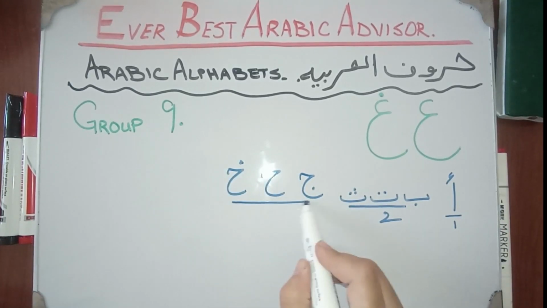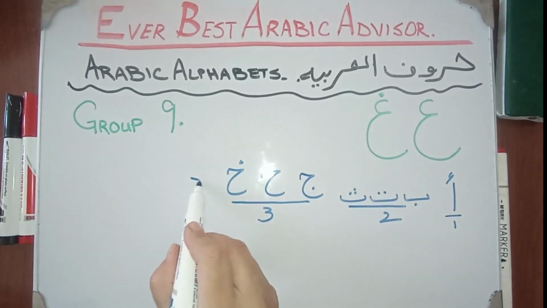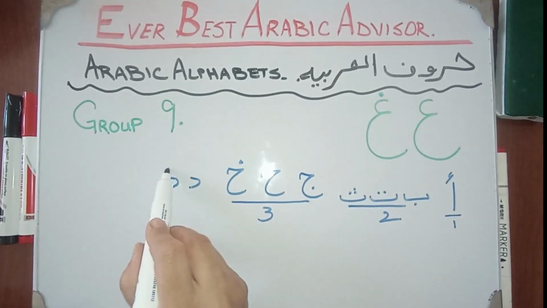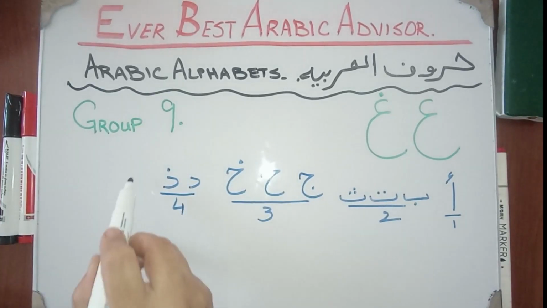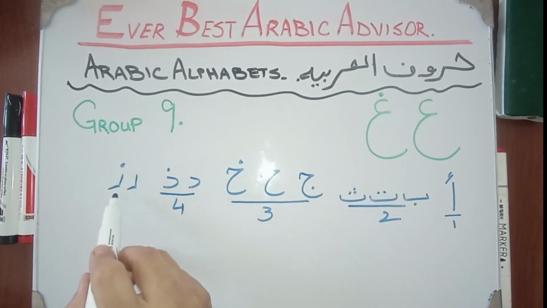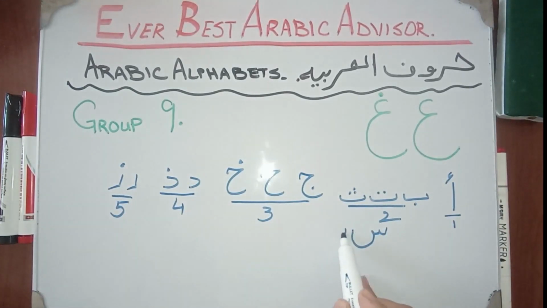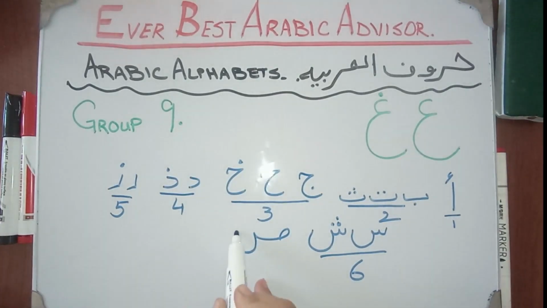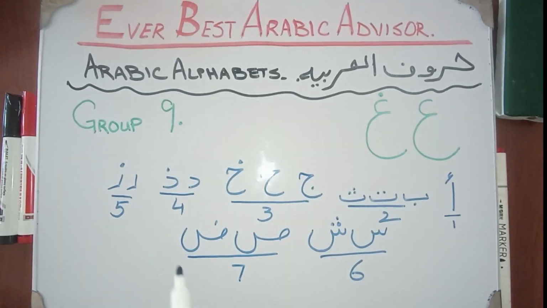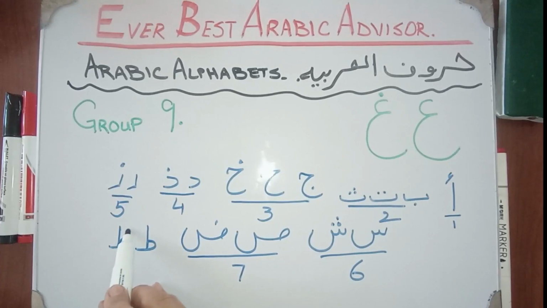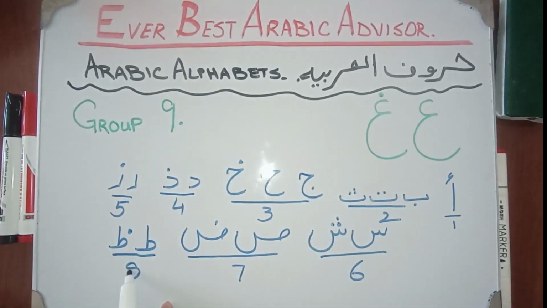We discussed Dal and Zal in lesson number 4, Ra and Za in lesson number 5, Seen and Sheen in lesson number 6, Sad and Dad in lesson number 7, Ta and Za in lesson number 8.